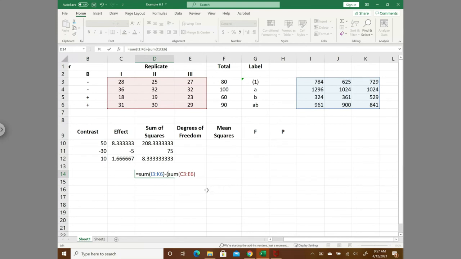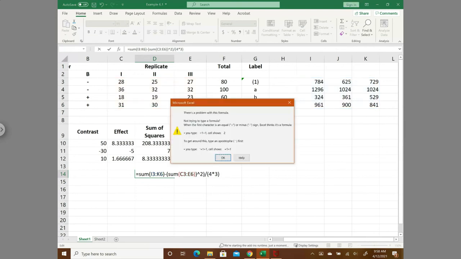I'm going to put this in parentheses and square it. So the summation of all yijk squares minus y dot dot dot squared, and the second term should be divided by 4n, so 4 times the number of replicates, 3. That gives you your total sum of squares.